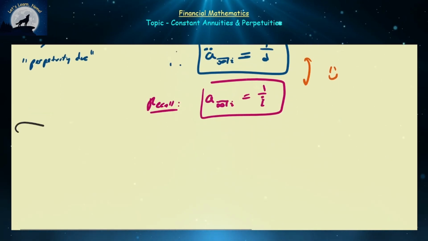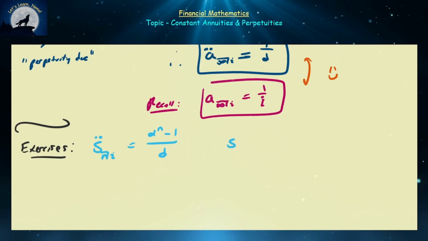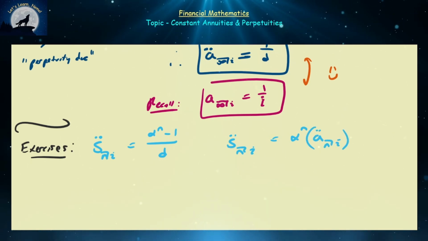A couple little exercises that I want you to try on your own, because these do have several applications they can solve, is that the future value of an annuity due will be equal to (α^n minus 1) all over our discount rate, and the future value of an annuity due will be equal to α to the power of n times the present value of an annuity due, right?